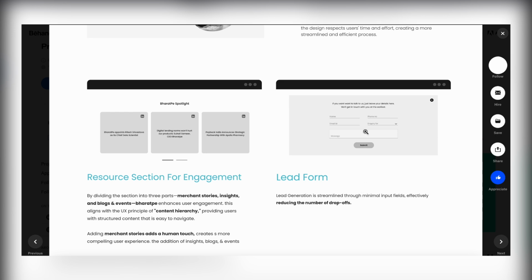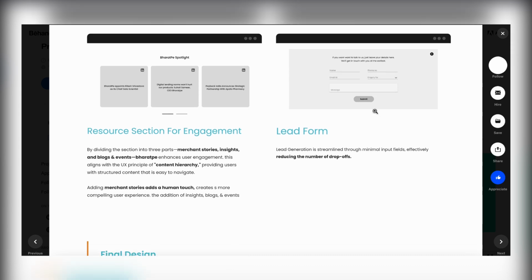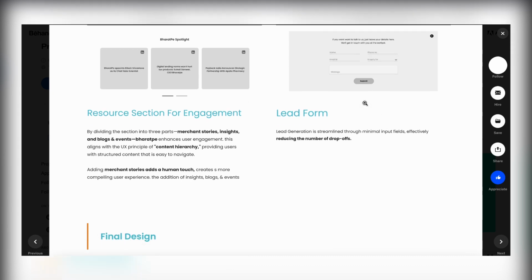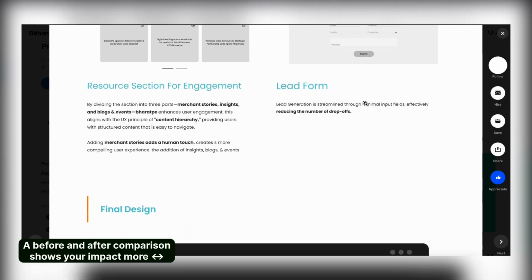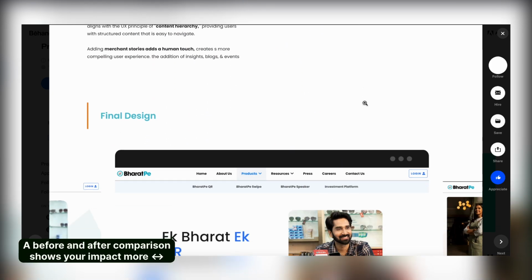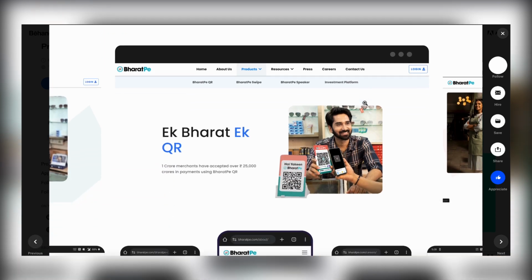Again, I don't know how many input fields were there before. Right now there are 4, 5. How many were there before? So I don't know how much you really changed. So the bottom line is, show me a before and after. If you're doing a redesign, show me a before and show me an after and explain what you changed and why. Because now I'm seeing the final design.